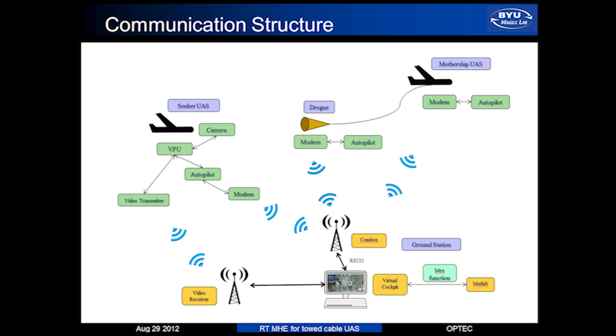And in the flight test, we use this communication structure. Basically, we have four components. Besides the airplanes, the UAS in the air, we have a ground station. The ground station consists of a computer which runs the software.